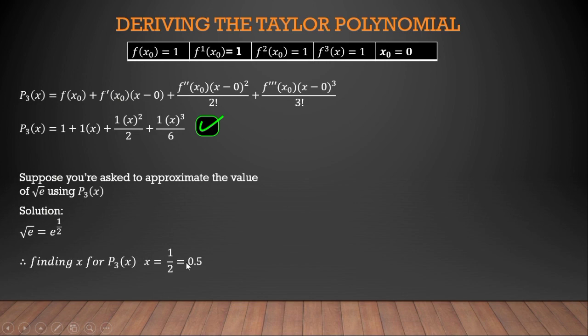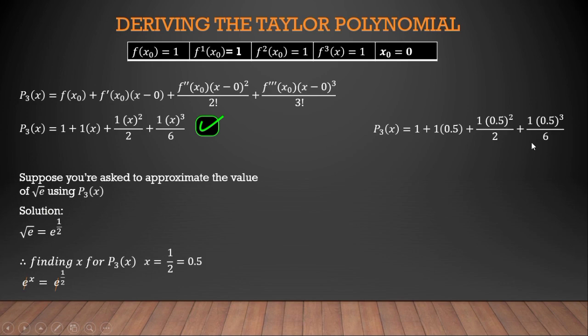Okay, so with that being said, e to the power x is equal to e to the power 1 over 2. Great. So now, if we cancel out the e values, x is going to equal 1 over 2, as usual. So now we are going to replace wherever x is within this polynomial equation with 0.5.